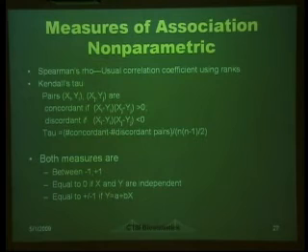It doesn't matter how big or small they are; it's just looking at the ordering of the x's and y's. Kendall's tau adds up the number of concordant pairs, subtracts the number of discordant pairs, and divides by the number of comparisons you make. If you have perfect positive association, where when x gets bigger, y also gets bigger, then Kendall's tau is +1. If you have perfect negative association, where when x gets bigger, y gets smaller, you have a tau of -1.